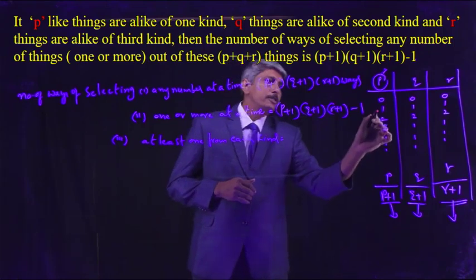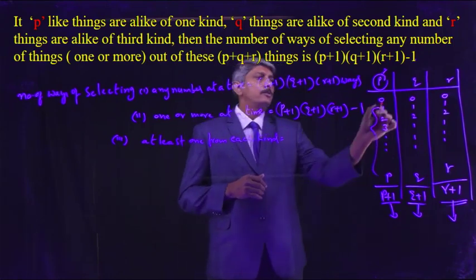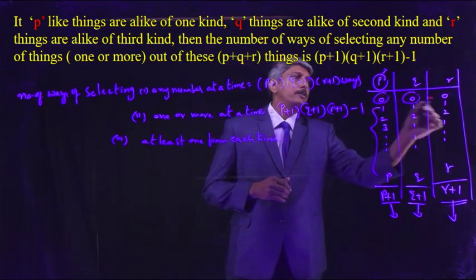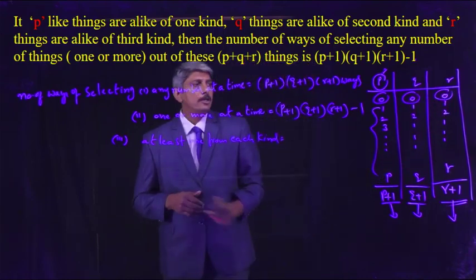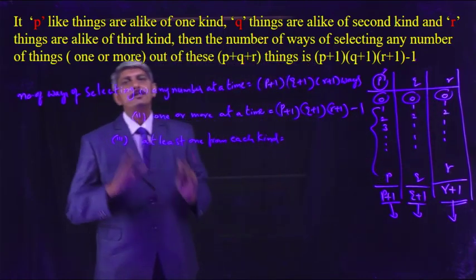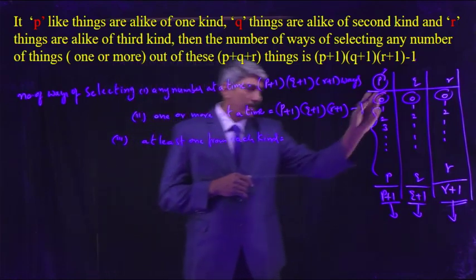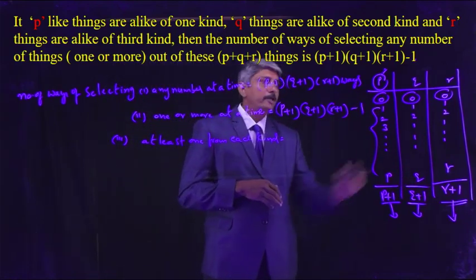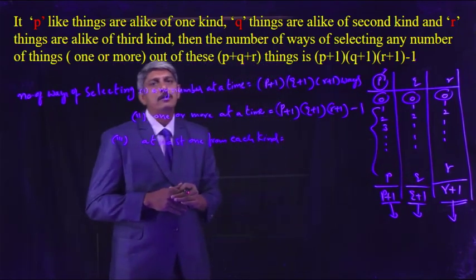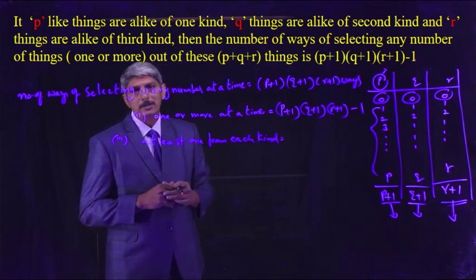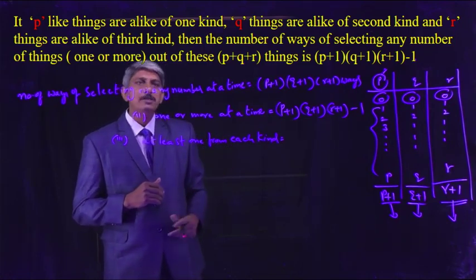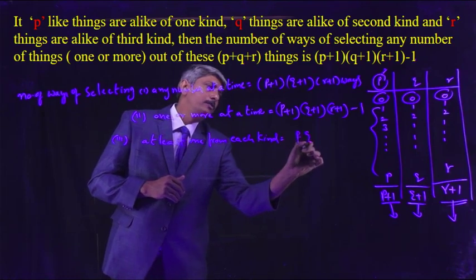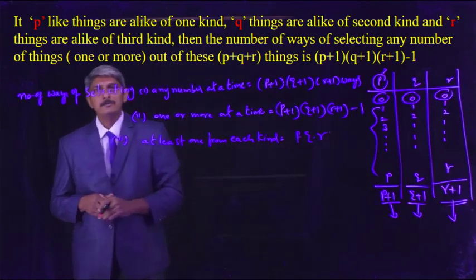How many possibilities? So we exclude the 0 case each time. Now how many possibilities for the first kind? There are P possibilities. For the second we have Q possibilities. For the third we have R possibilities. Therefore, at least one from each kind is P into Q into R.